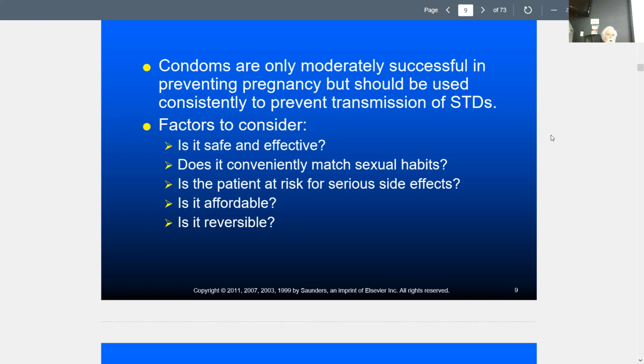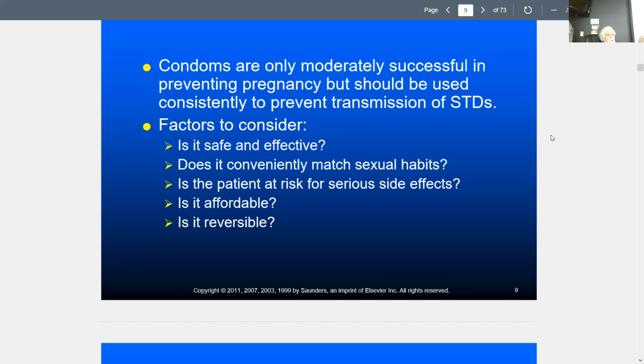There are physical barrier methods: condoms, cervical caps. They are variably successful. If they're used properly, they can be really successful, but they have to be used properly and always. If you do not, be aware that your pregnancy risk is much higher.